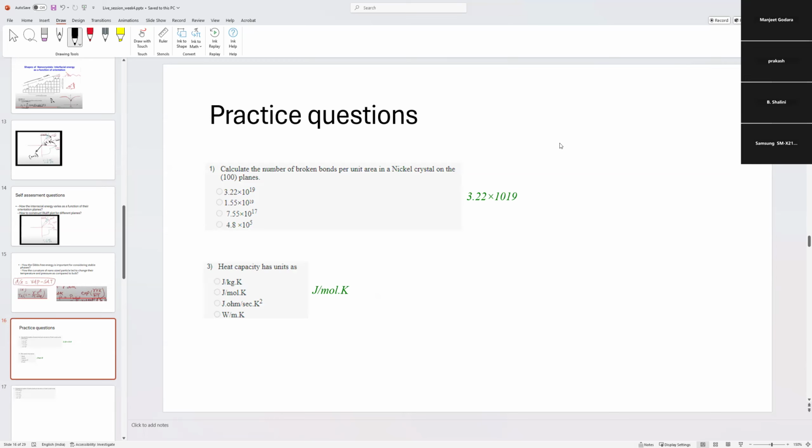For this, you need, what is the crystal structure of nickel?